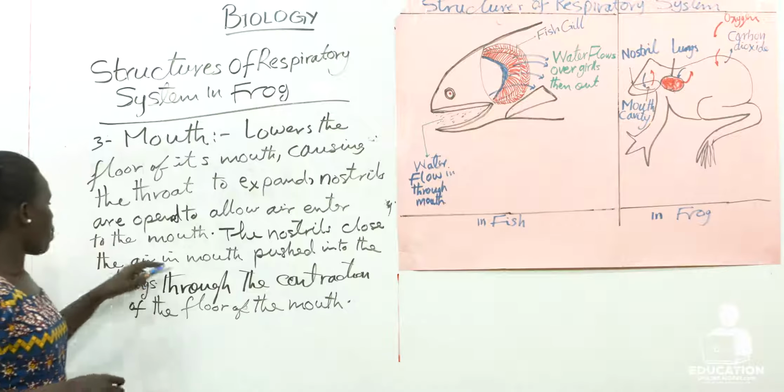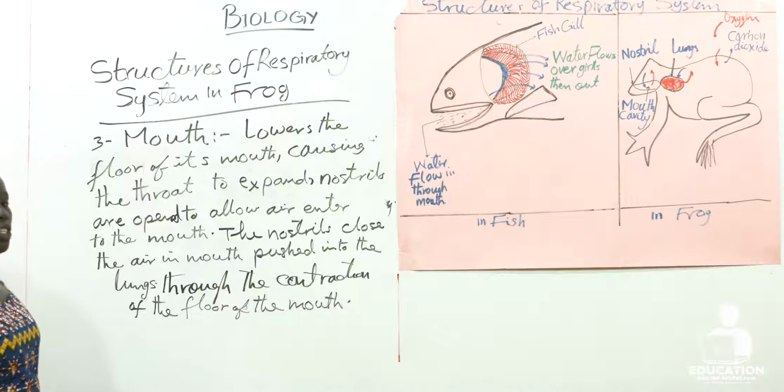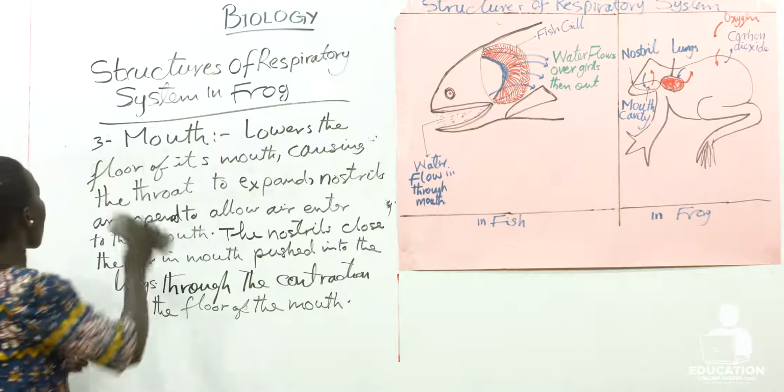So now the air reached the lungs, which is the fourth structure of the respiratory system in the frog.